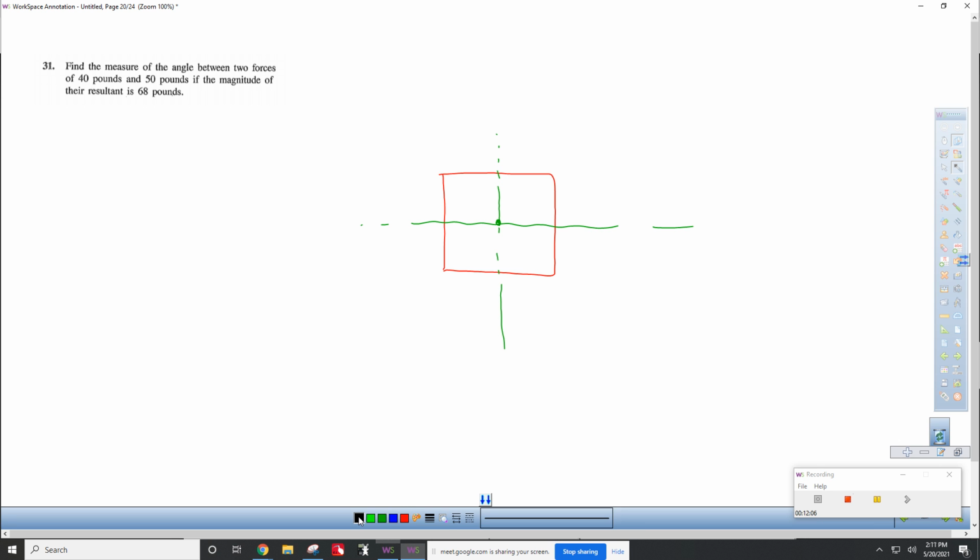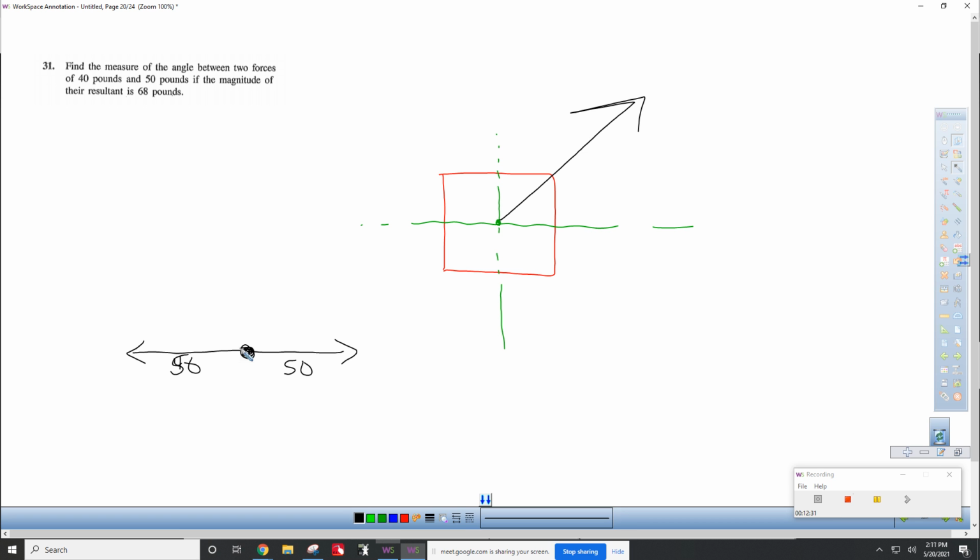Now, one of these is pulling 50 pounds. In order for me to draw this picture right, if I pulled 50 pounds in this direction and then 50 pounds in the opposite direction, the force exerted on that point would be 0.